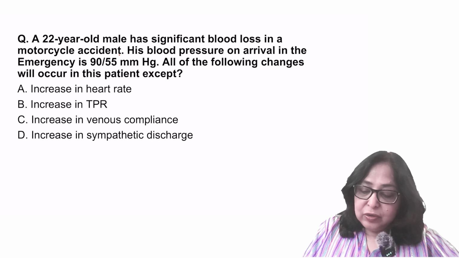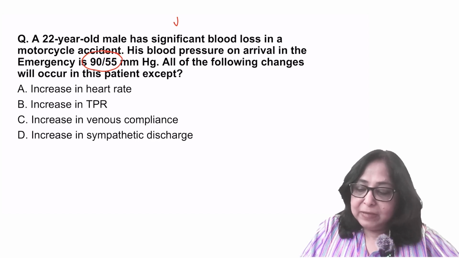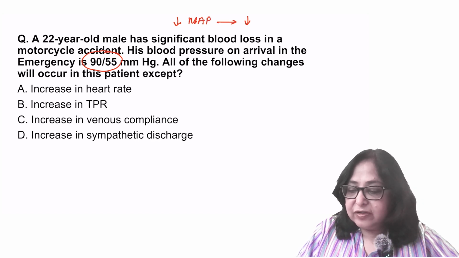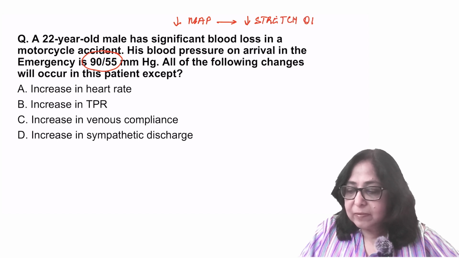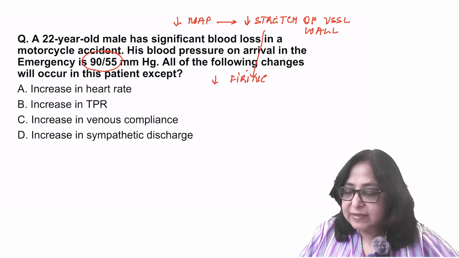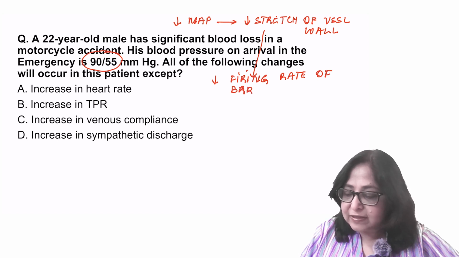Now, such a low blood pressure, a low mean arterial pressure, causes a decreased stretch of the vessel wall, a decreased firing rate of baroreceptors. Remember, baroreceptors are your stretch receptors. Less stretch of the vessel wall means less firing rate of the baroreceptors.